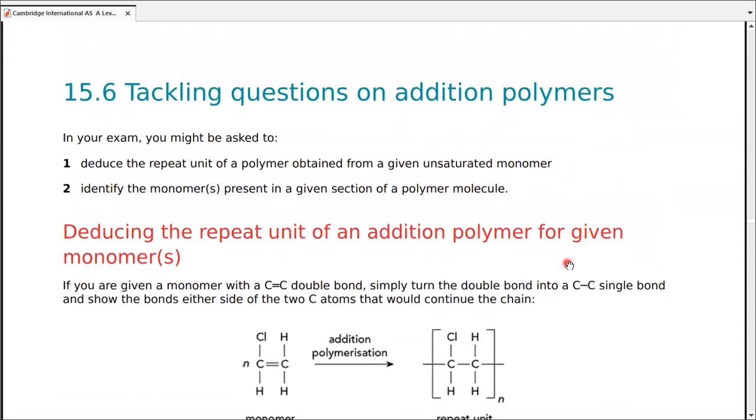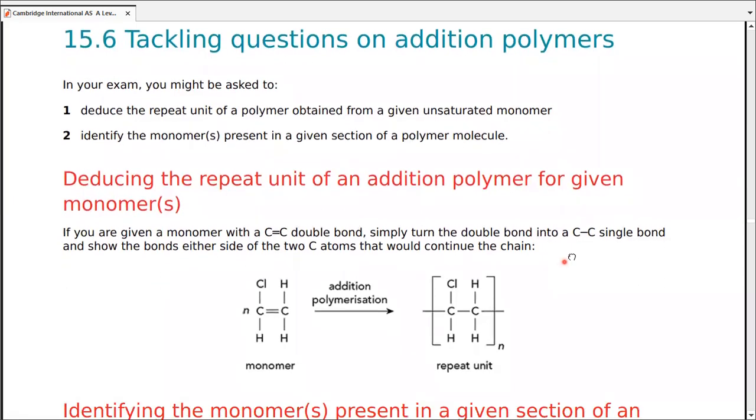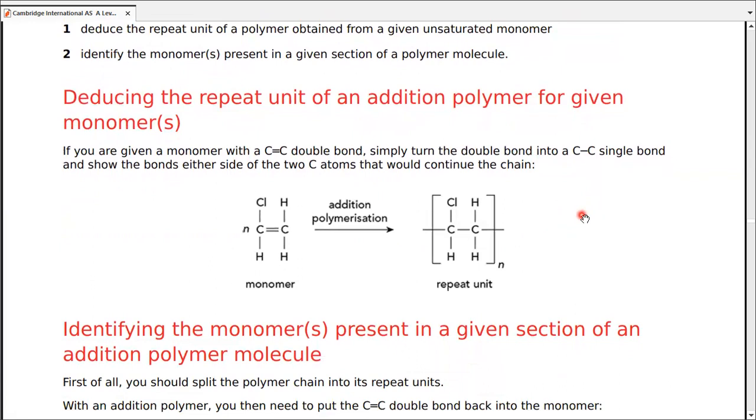One last thing, tackling questions on addition polymers. The book has this specific portion not because it's another topic to be taught, but to show how to deal with the questions I was previously considering for addition polymerization. The first kind of question is deducing the repeat unit of an addition polymer for a given monomer. That was pretty easy, and I explained it back in IGCSE as well.